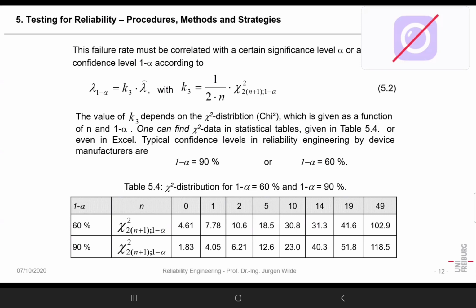And now if you specify, for instance, 2,000 FIT, it is more probable that your parts are better than 2,000, yeah? And when you specify 3,000 FIT, it's even more probable that your part is better than 3,000 FIT. Yeah, that's the idea of that confidence or significance level.